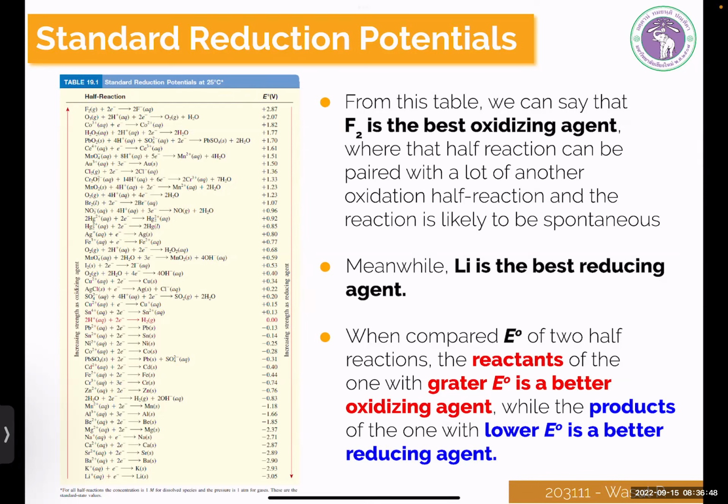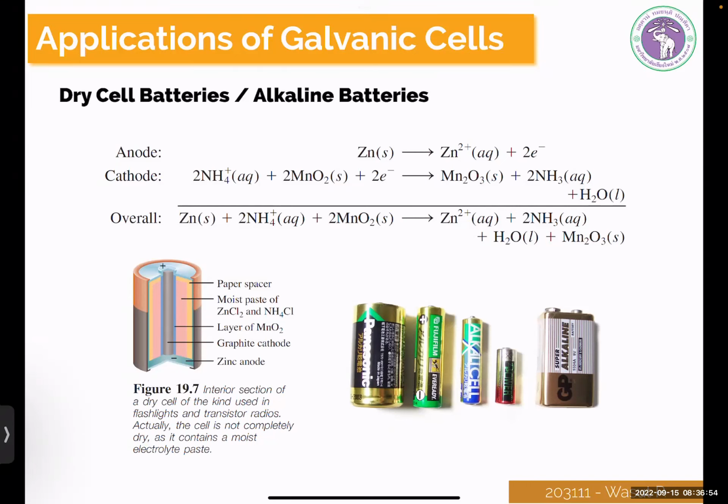Now, I want to talk about the applications of galvanic cells. Galvanic cells are spontaneous by nature, by definition, so the reactions inside them are spontaneous. Because they're spontaneous, they produce voltage differences between the two ends of the galvanic cell.